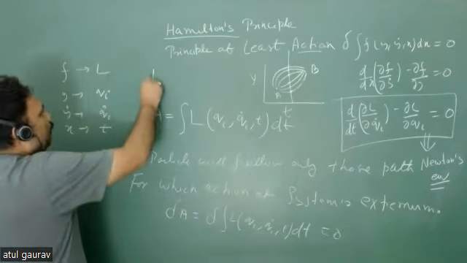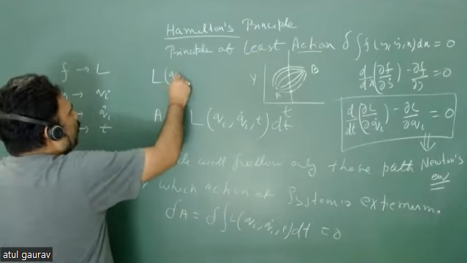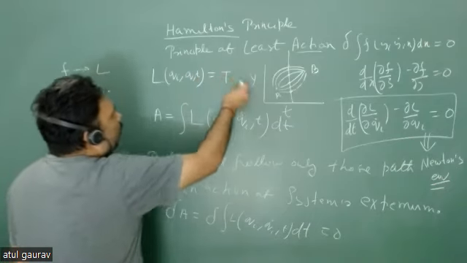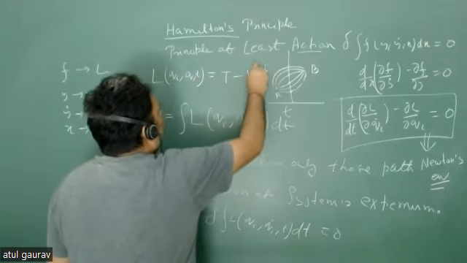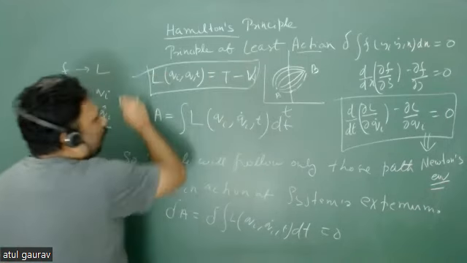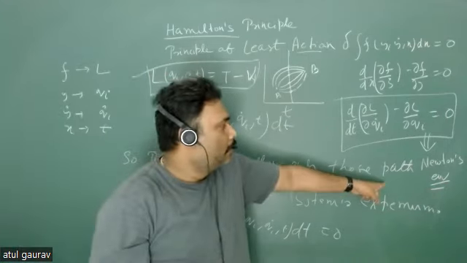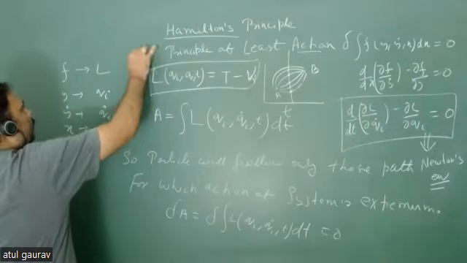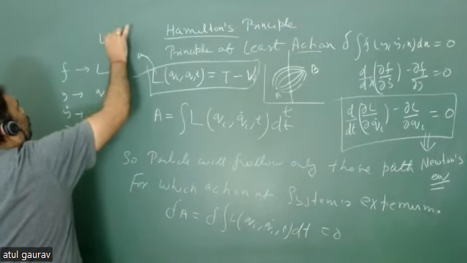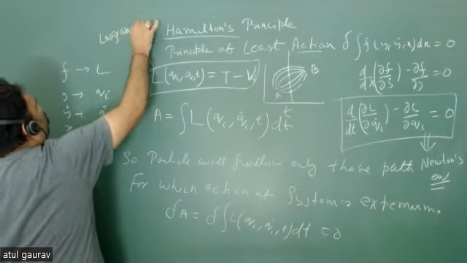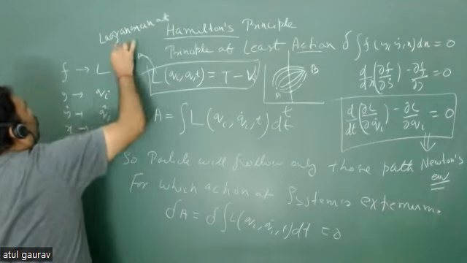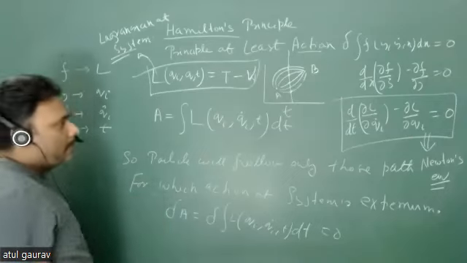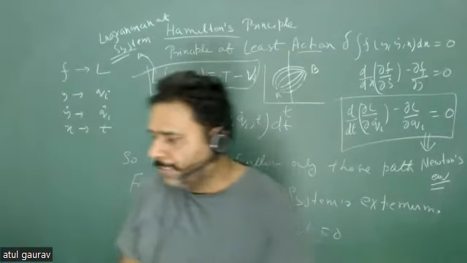Then we figure it out. If we take L, which is a function of generalized coordinate, generalized velocity, and time, as nothing but kinetic energy minus potential energy of a system, then this equation is equivalent to Newton's law of motion. This famous formulation is identified as the Lagrangian of a system.